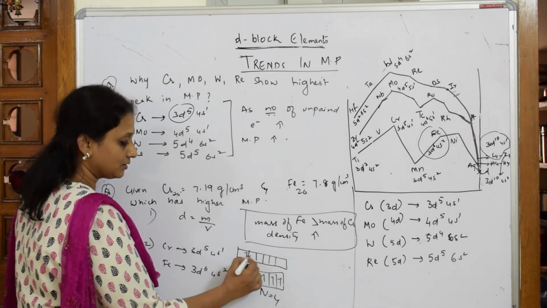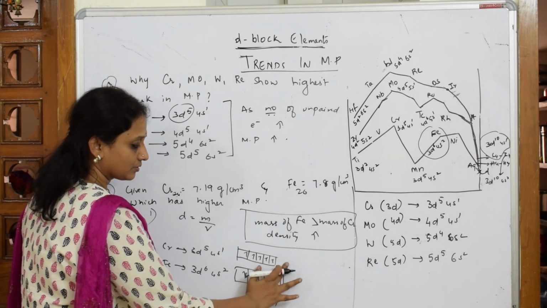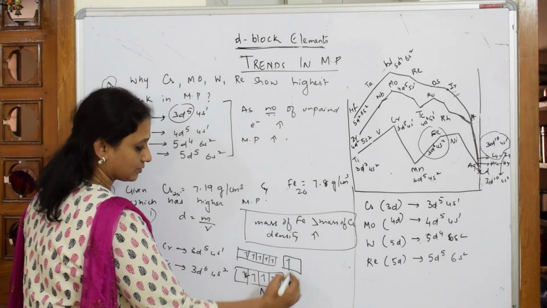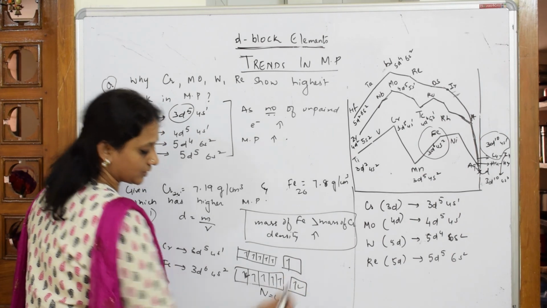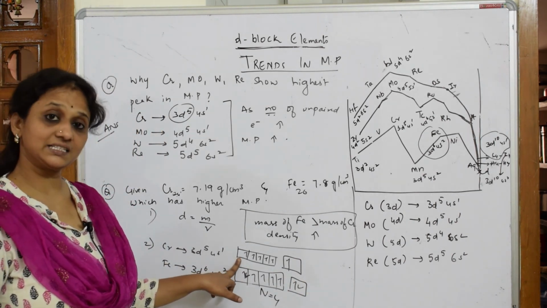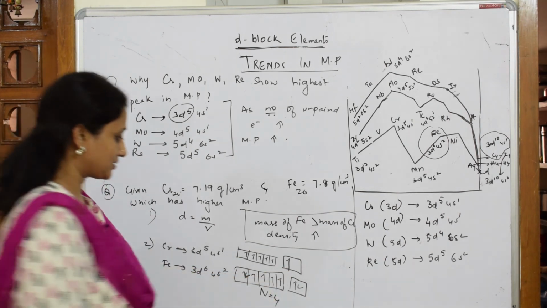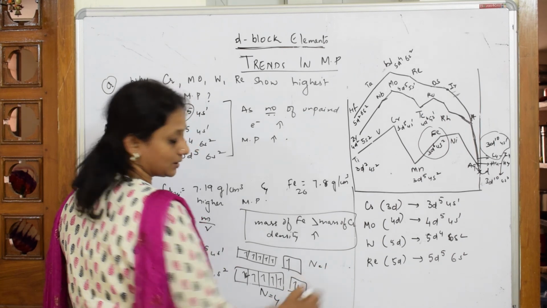Now this is completely half filled, and it is highly stable. There is one valence electron existing here, so I will write n is equal to 1.